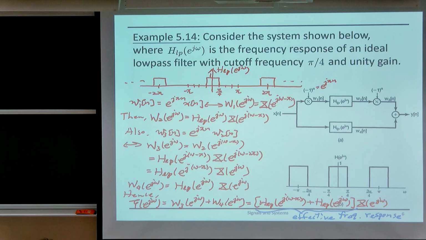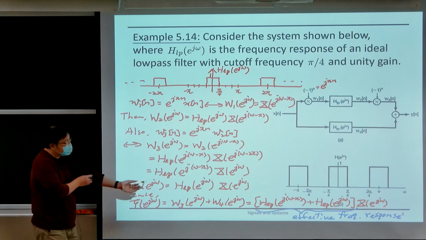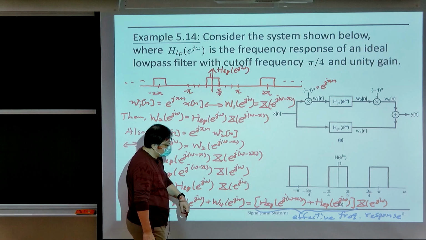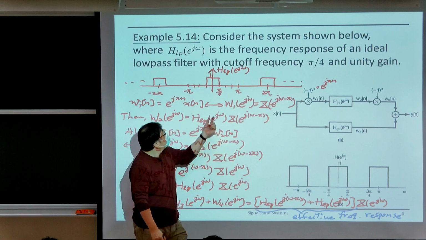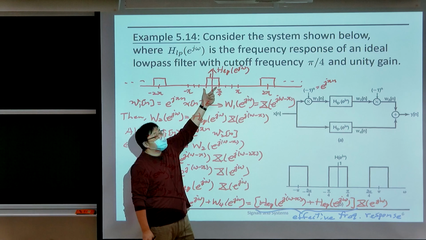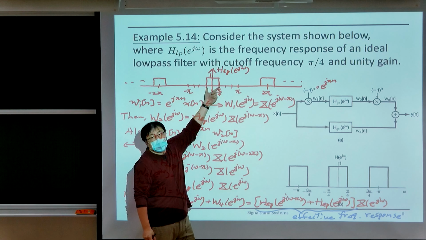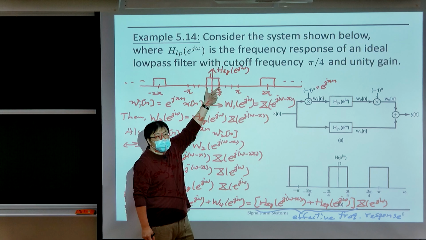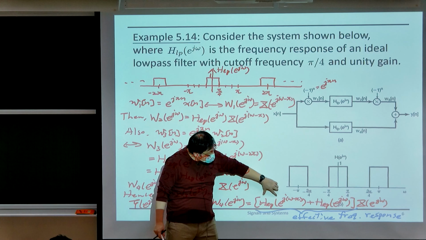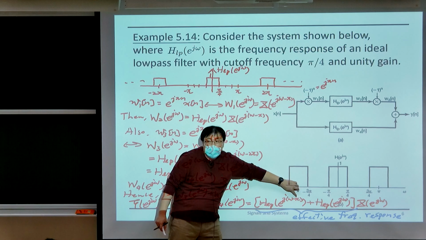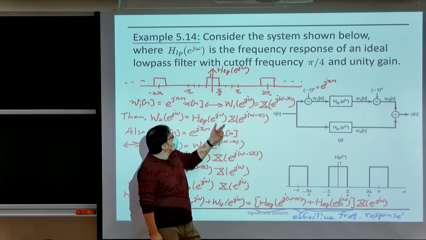And what does this effective frequency response look like? I have this low-pass filter, right, which takes on this rectangular shape at around 0 frequency. And then I have this low-pass filter shifted by pi.